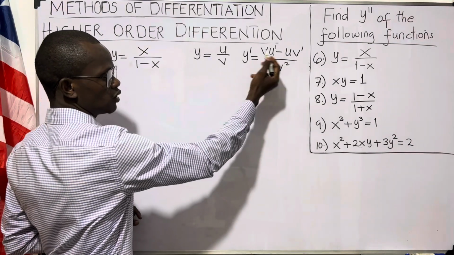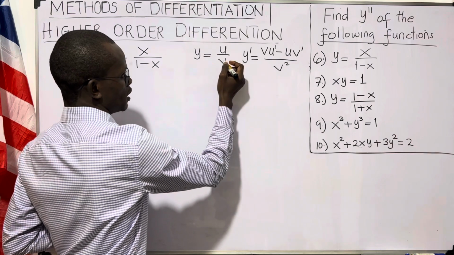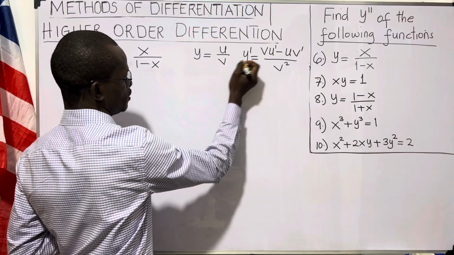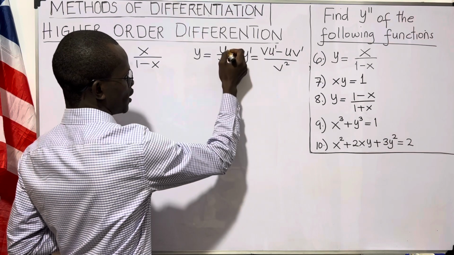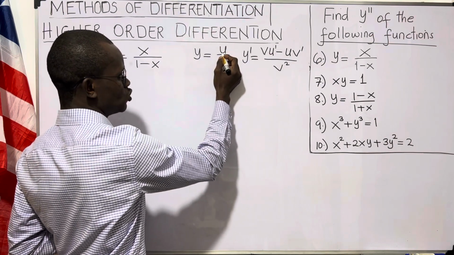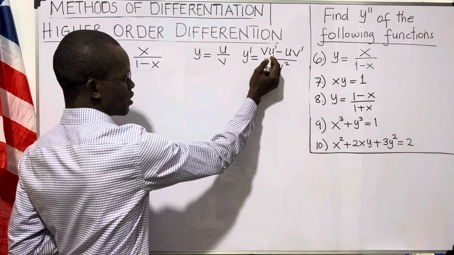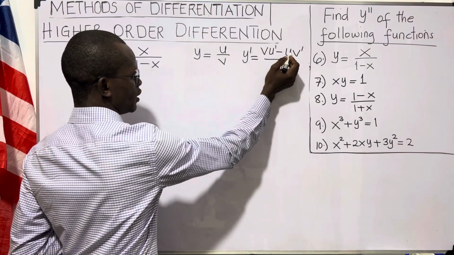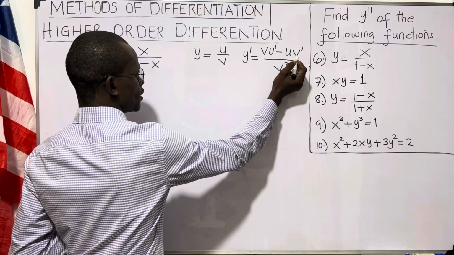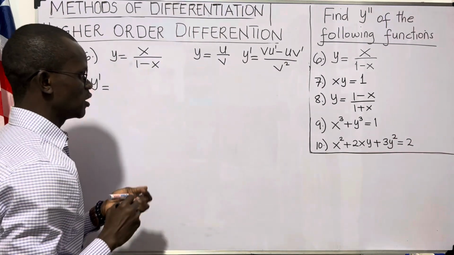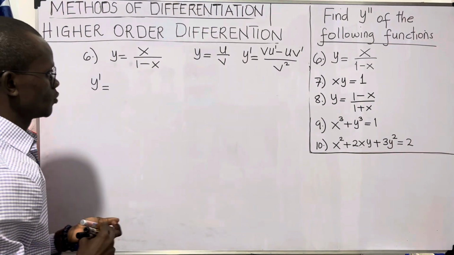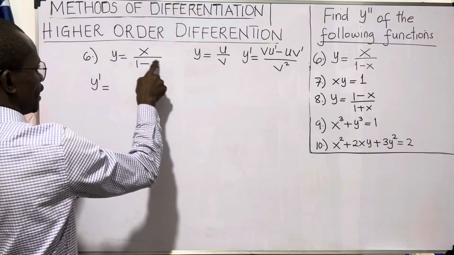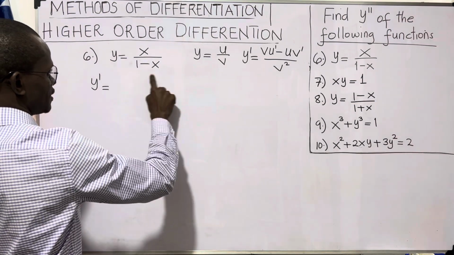So this formula indicates that you must hold the denominator function first, which is v. We held v constant, and we differentiated u, which gives us u prime. Minus, we hold this u now and differentiate v, which gives us v prime. Then we square the denominator. So in this problem, this is our u, and 1 minus x is our v.